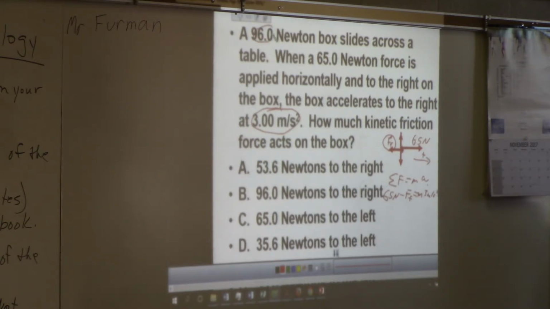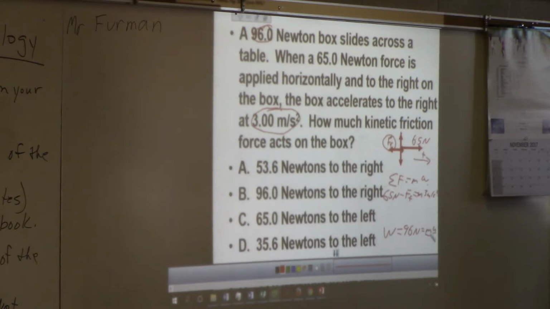96 newtons. So that refers to the weight of the box, right? So if the weight is 96 newtons, that's m times g, right? Well, I want m, so what is g? 9.8 or 10.